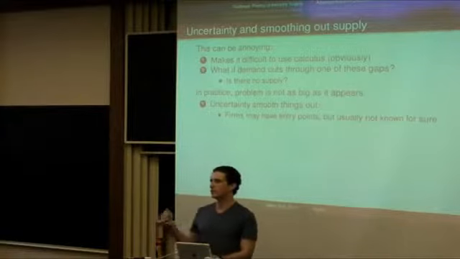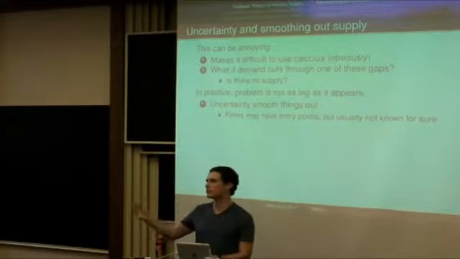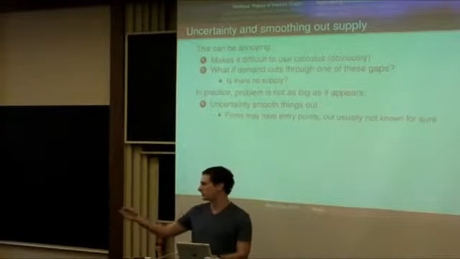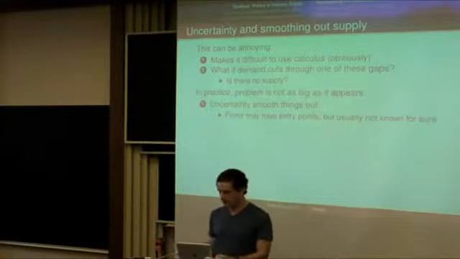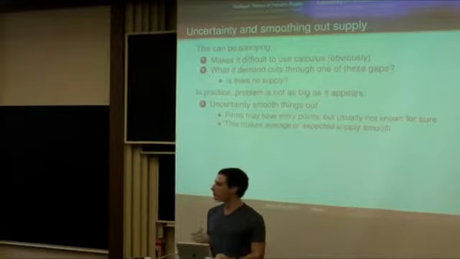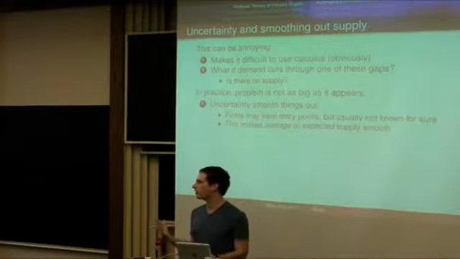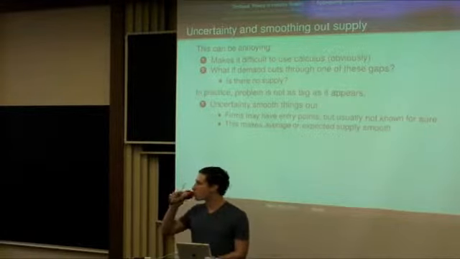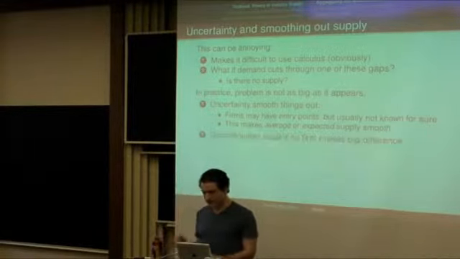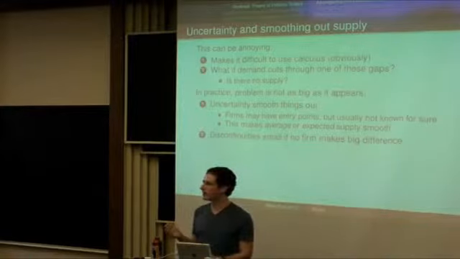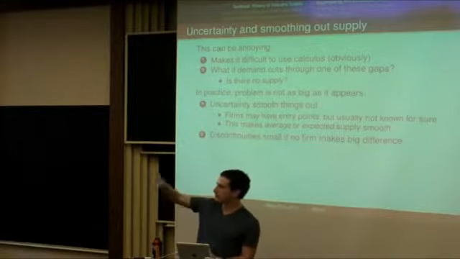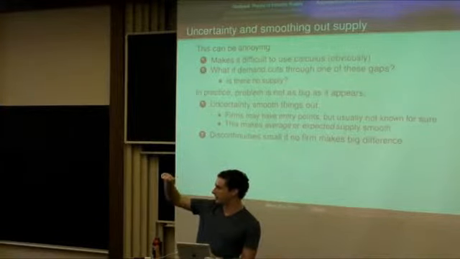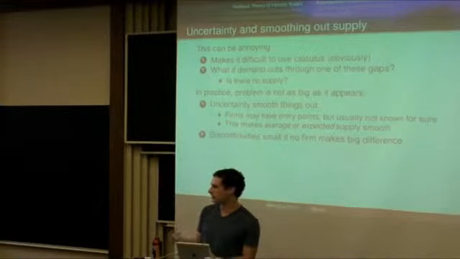So we might think that the firm is going to enter at some point, but they might enter at a price of 5, they might enter at a price of 6, they might enter somewhere in between. And when this is the case, we can just think of the relevant quantity not being the supply, but the average supply to the market. And once we do that, everything gets blurred out, and there are no longer these discontinuities. The average supply is much more continuous than the supply.